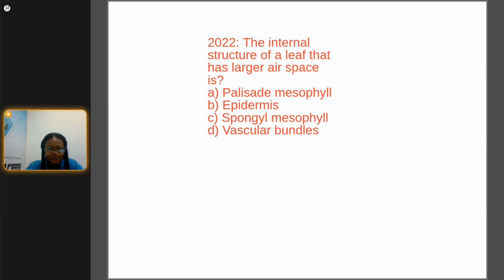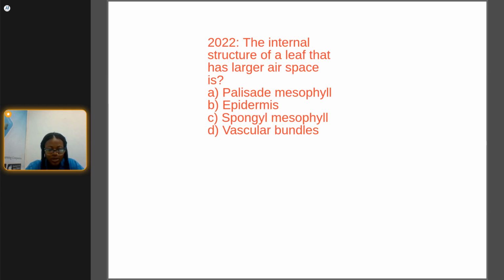And C, they are loosely packed with air spaces for gas exchange. And the vascular bundles are the xylem, phloem, and the cambium. So looking at the function, the answer is spongy mesophyll. Thank you very much for your responses. I love that. So let's move to another question.